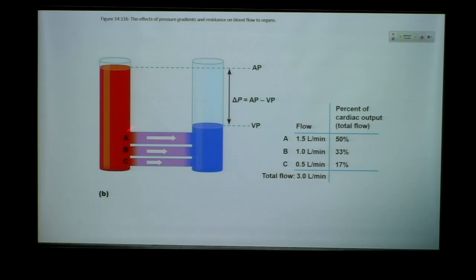So right away, we know that in arteriole A, we have a low amount of resistance because we have a greater amount of flow. In organ B, we have an intermediate amount of resistance because we have an intermediate flow. And then we have the greatest resistance in organ C because we have the lowest flow. Okay, make sure you make that connection between the resistance and the flow, right?